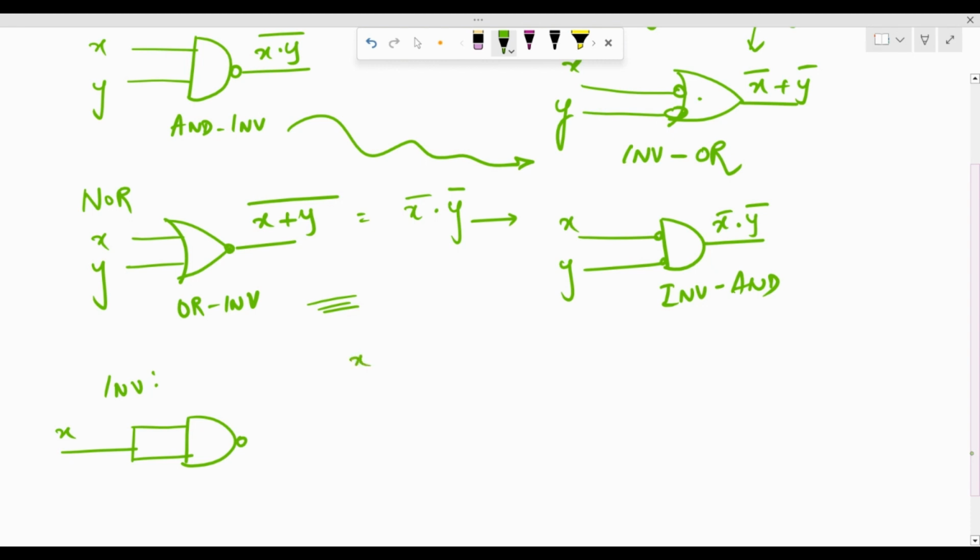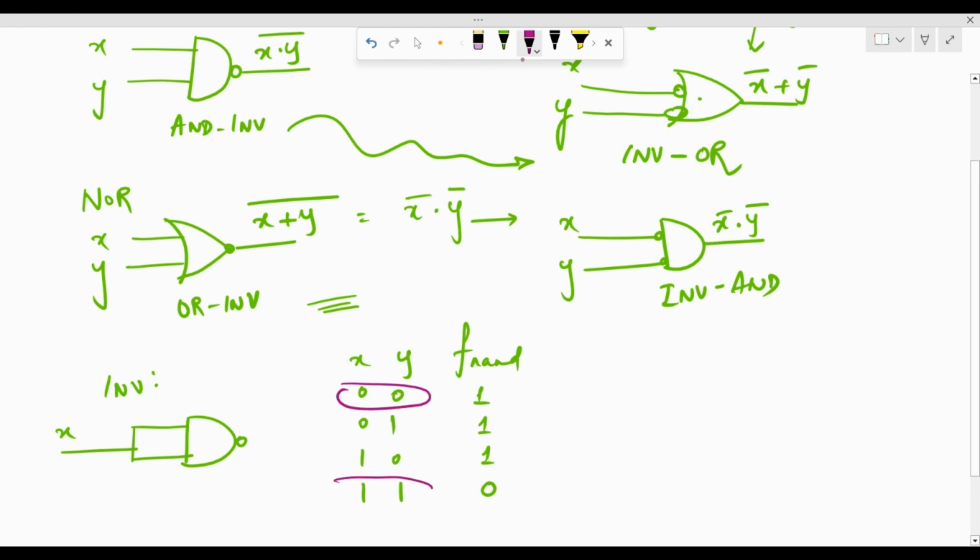If x and y are the two inputs, 0 0, 0 1, 1 0 and 1 1, and this is the output of the NAND gate, it's going to be 1 1 1 and 0.